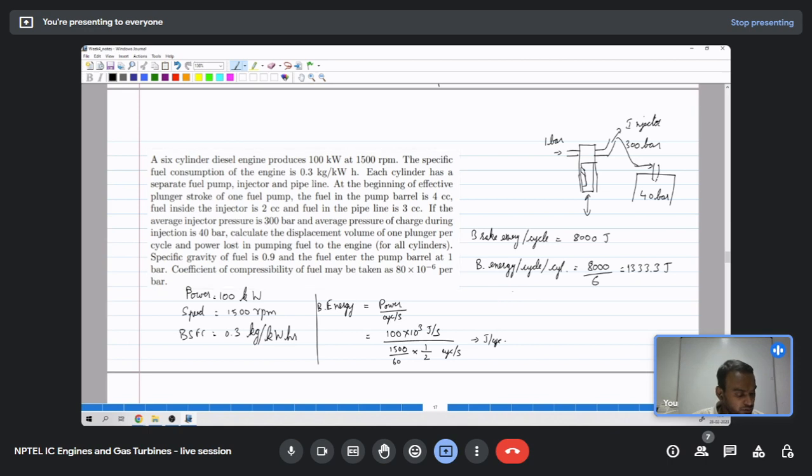So to convert that, we will see what 1 kilowatt hour is in terms of joules. 1 kilowatt hour is 1 into 10 power 3 watts, that is joules per second, into hour. Hour is 3600 seconds. So 1 kilowatt hour will become 3600 into 10 power 3 joules per second, and second will get cancelled and we will have only joules. So essentially 1 kilowatt hour is equal to 3.6 into 10 power 6 joules.